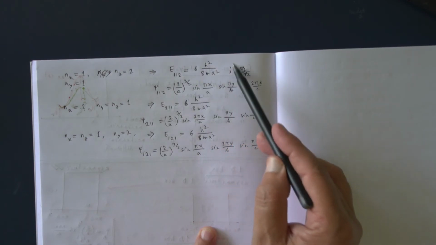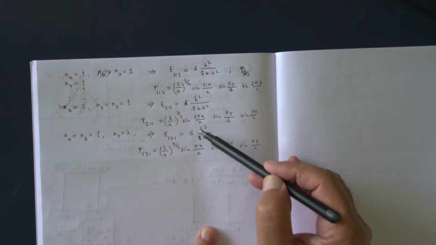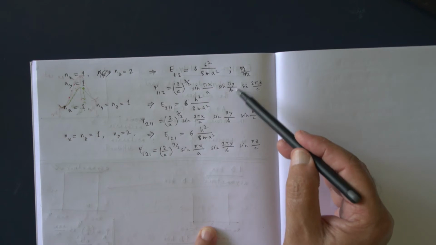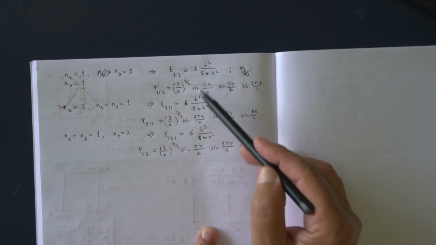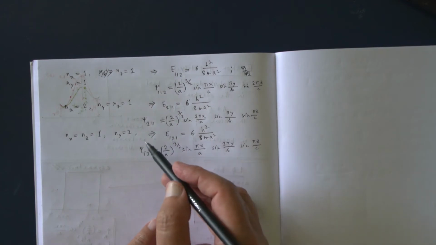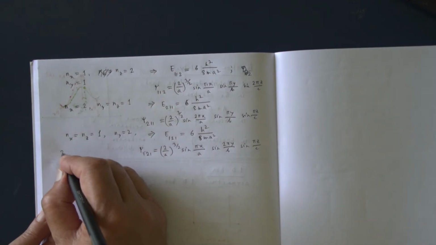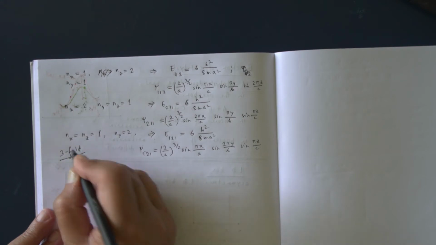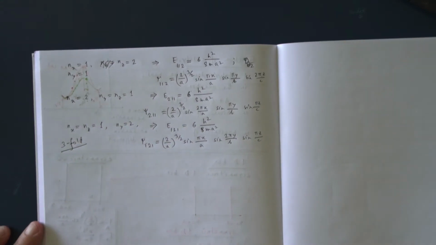So this energy level is threefold degenerate, because there are three states.